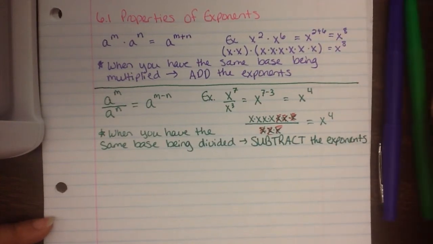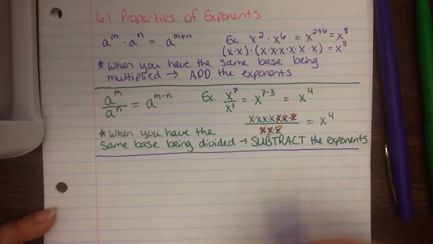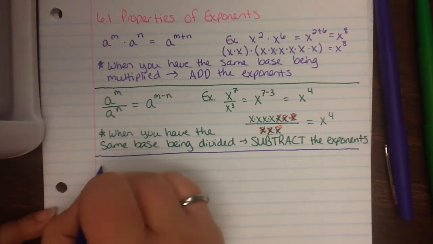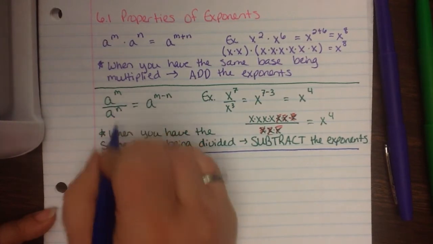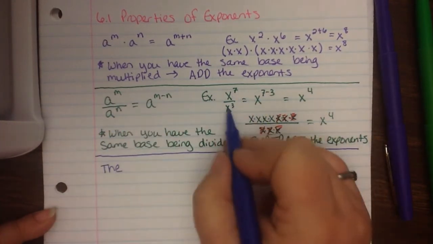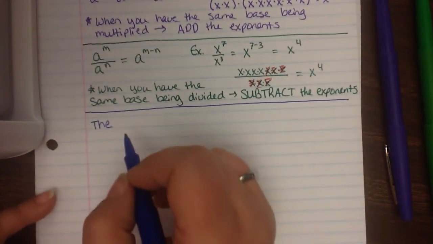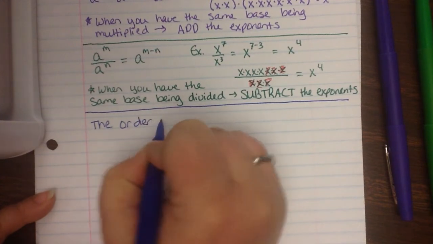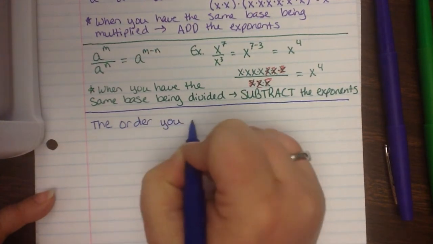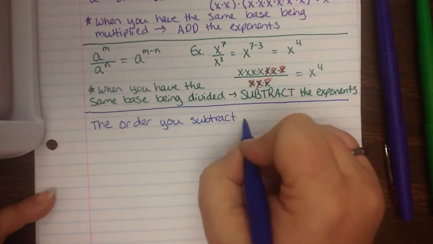Alright, so that being said, sometimes you are going to have an exponent in the numerator and the denominator, like this one, and obviously they're going to be different. And does the order you subtract make a difference? So let's talk about that. The order you subtract makes a difference.